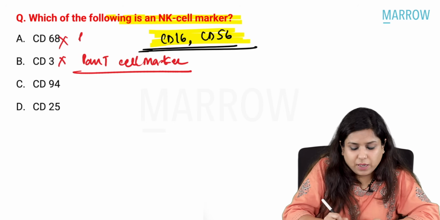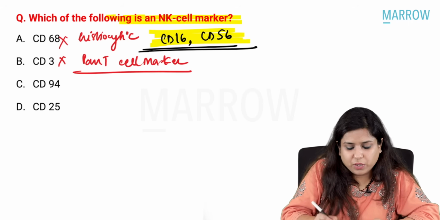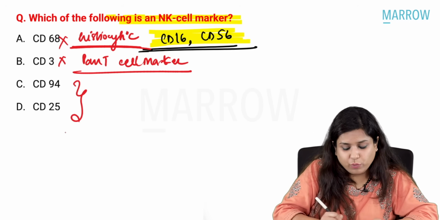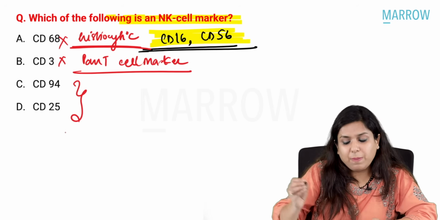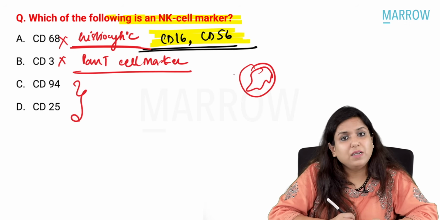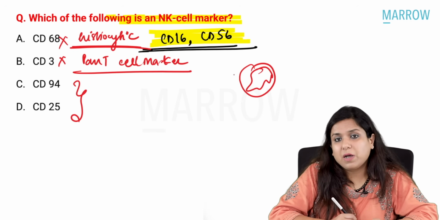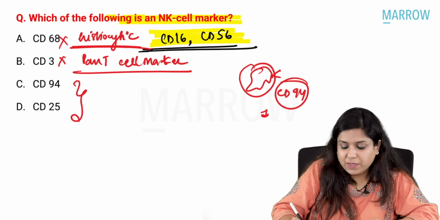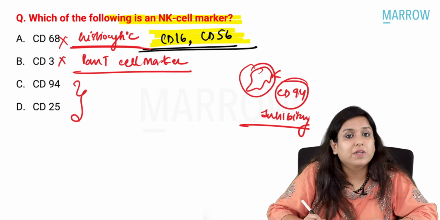CD68 is a histiocytic marker, right? That is also an option I have ruled out. Now my students were confused between CD94 and CD25. Remember students, I told you, suppose this is a NK cell, there is an inhibitory receptor or a marker on these, and that inhibitory receptor is CD94. That is basically the inhibitory marker on the surface of NK cell.